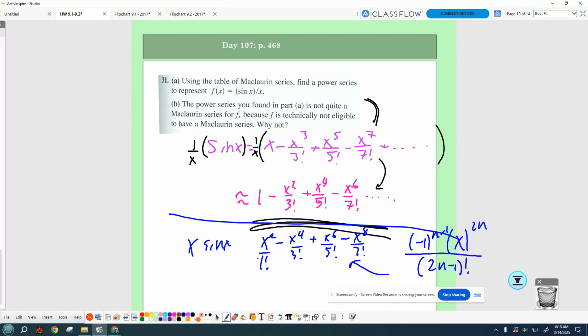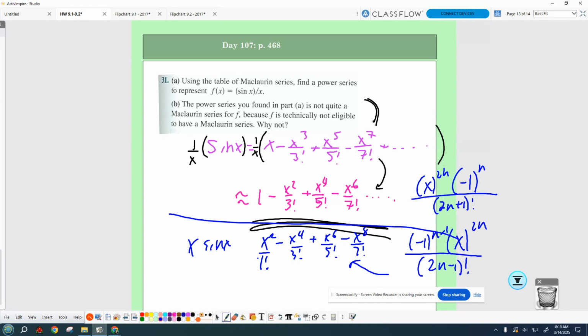First, x to the 2n is the easiest thing, and underneath is that power, 2n. Then I need to make the negatives turn on and off in the right place. For the sine x, my n is now starting at 0. I want the first one to be positive, so that works.